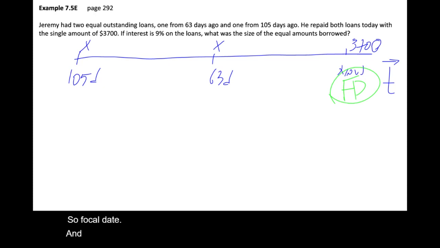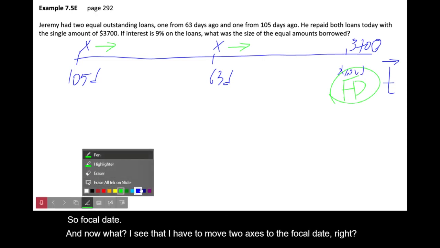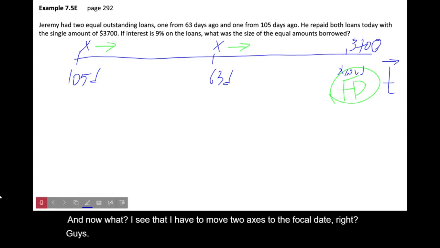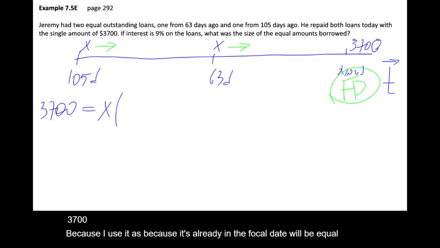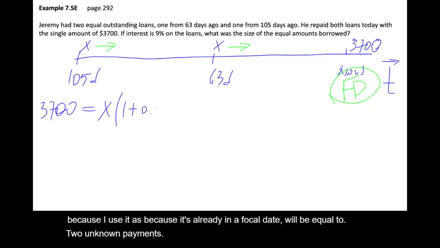And now what? I see that I have to move two loans to the focal date, right? And 3,700, because I use it as is since it's already in the focal date, will be equal to the two unknown payments or loans.